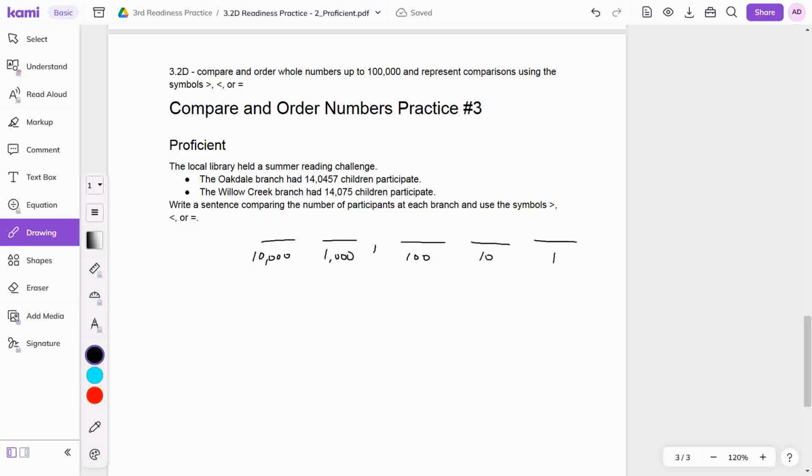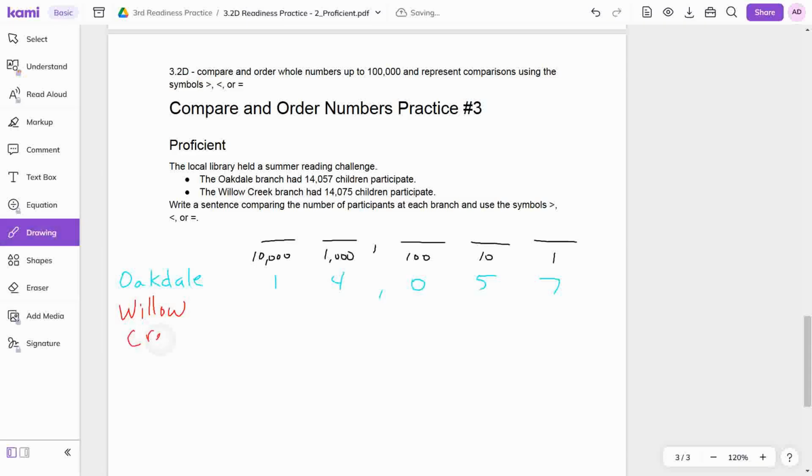So let's just draw these 2. So I've got Oakdale. Oakdale Library is 14,057. And our Willow Creek branch has 14,075. So let's get that there.